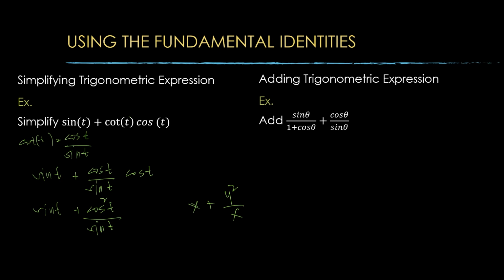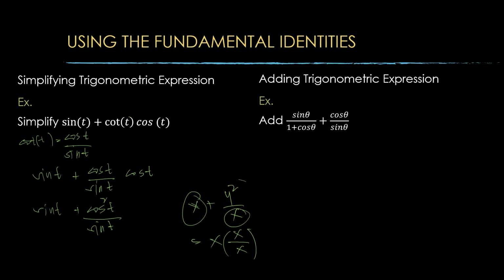How do we add fractions? It is similar in the sense that if you have a fraction and you're trying to add these two values, you can write this in terms of this denominator. How are you going to do that? So you can have x times x over x.